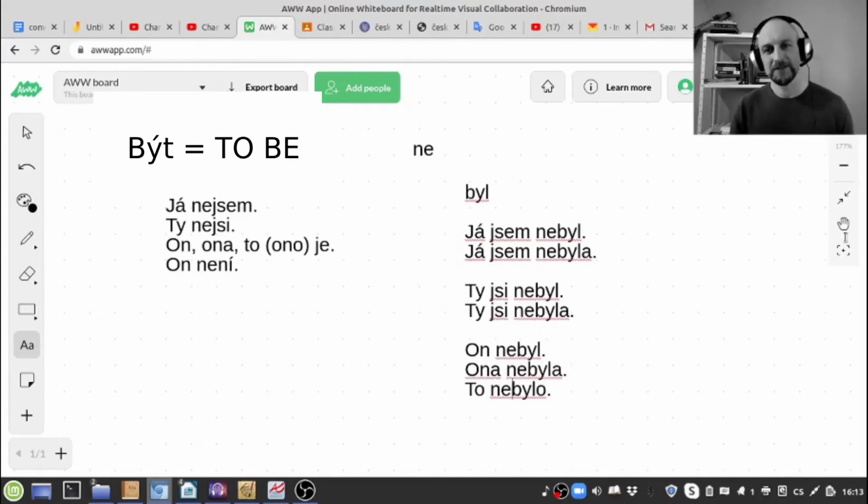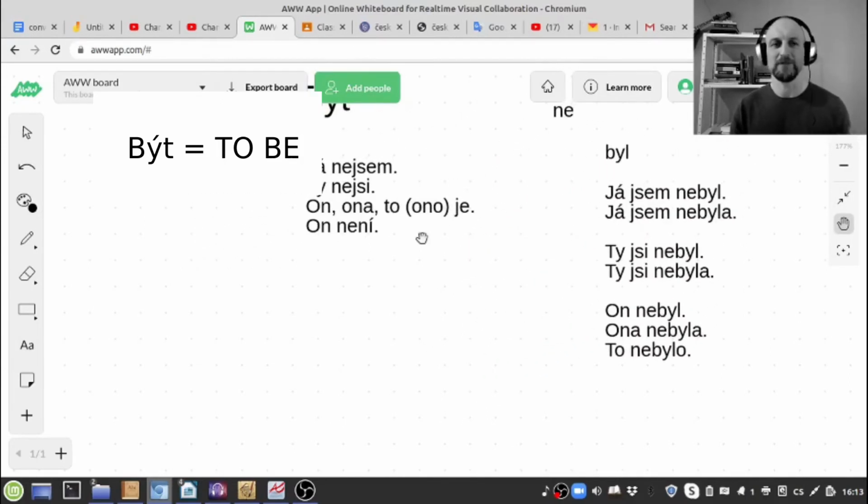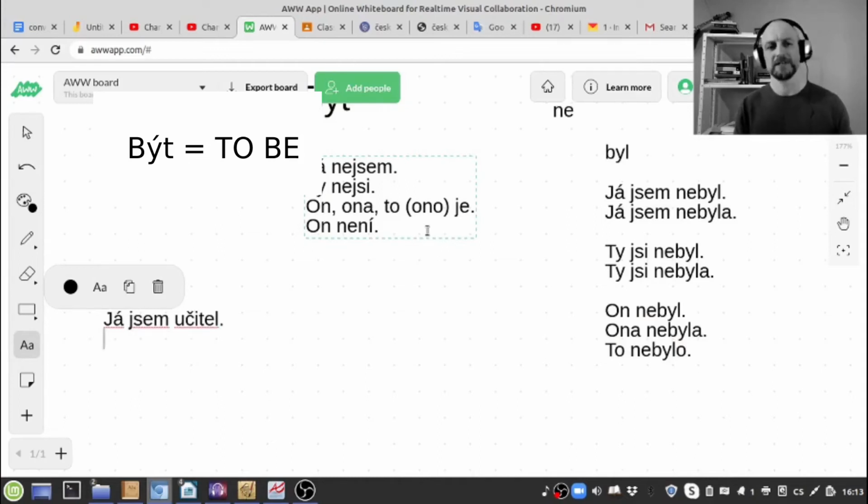Perfect. So let's summarize it and let's include some examples of how to use it in a real sentence. I could, for example, say, Já jsem učitel, which means I am a teacher. So that's present tense positive. Then let's include some present negative. Ty nejsi hloupý, which means you're not stupid.